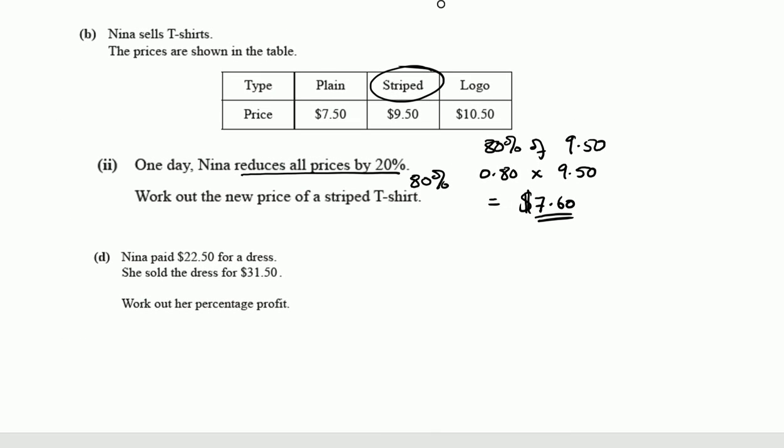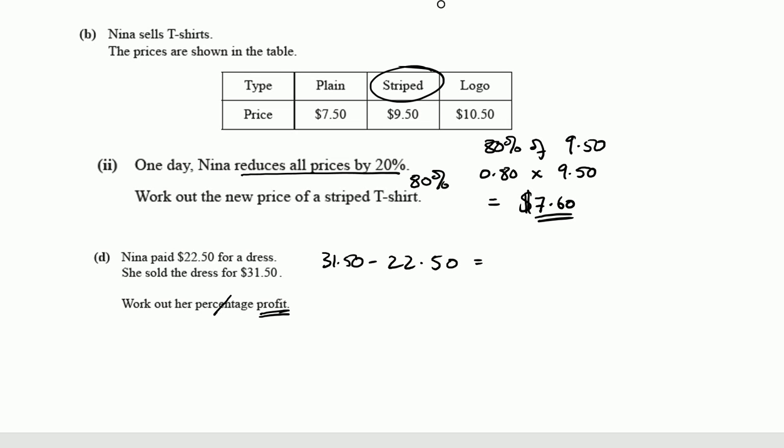Nina paid $22.50 for a dress, and she sold it for $31.50. Work out her percentage profit. Now once again, I'm going to forget percentage for a second and just focus on her profit. Her profit is $31.50, the selling price, minus the original $22.50.